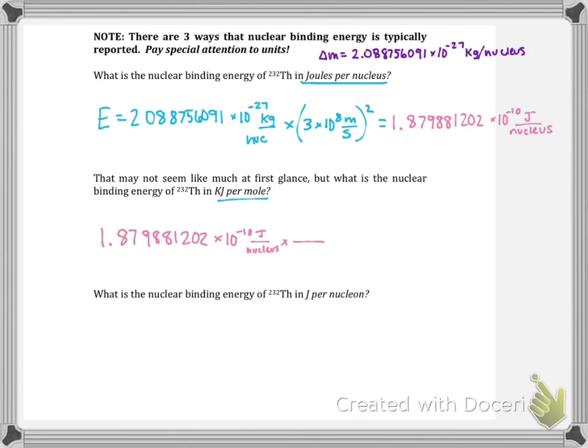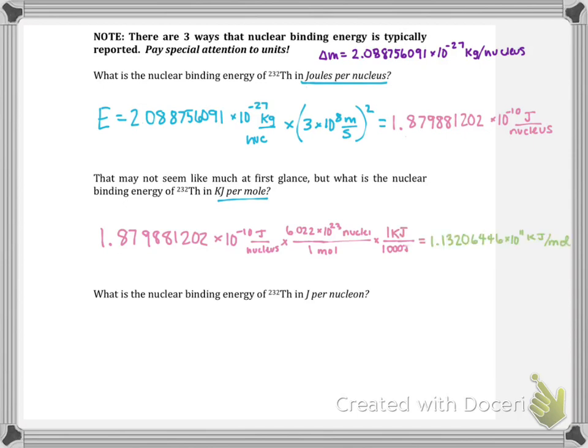And then we say, well, in a mole, we're going to have Avogadro's number of nuclei. And then we'll have 1,000 joules in 1 kilojoule, I'm sorry.